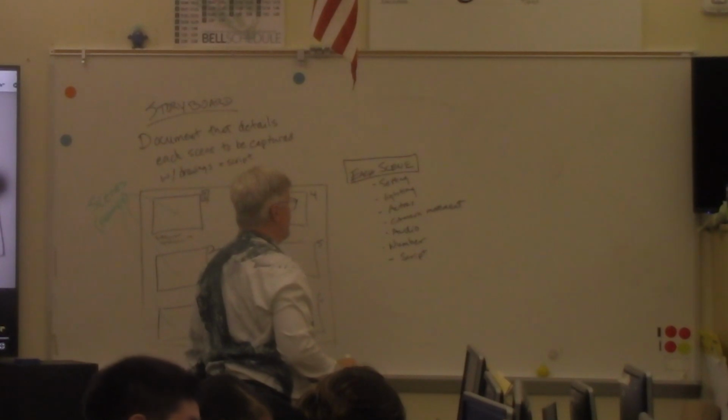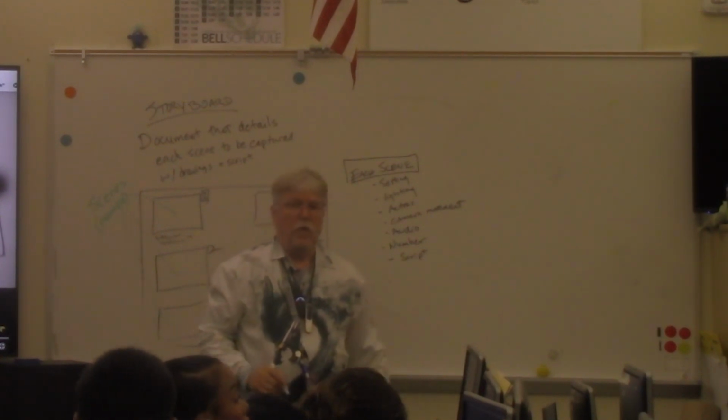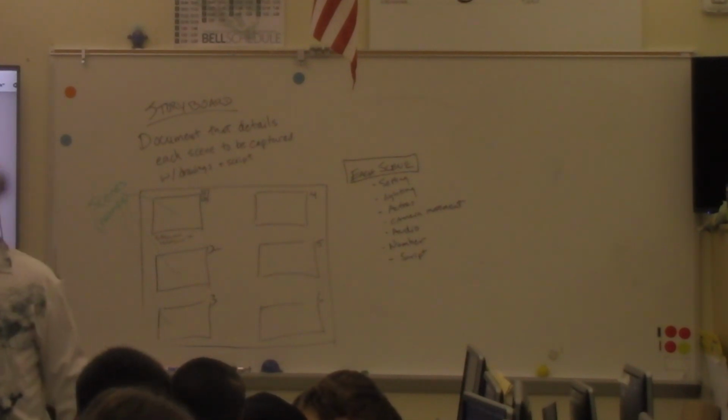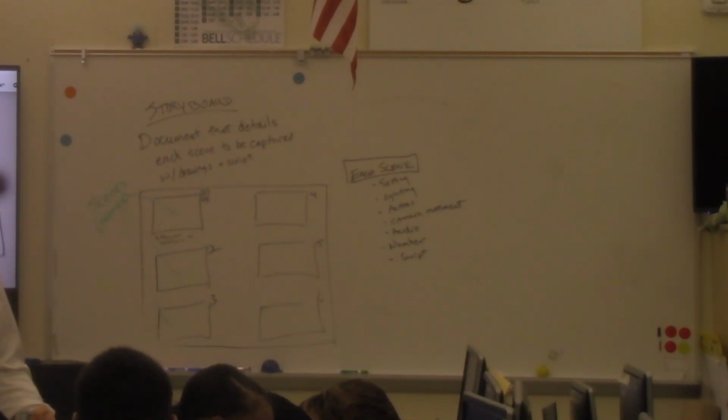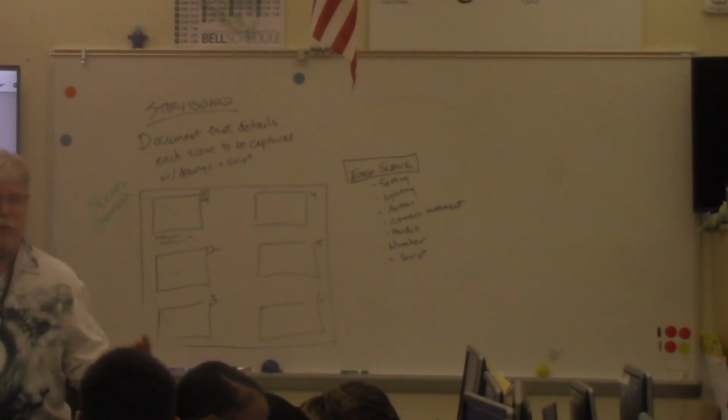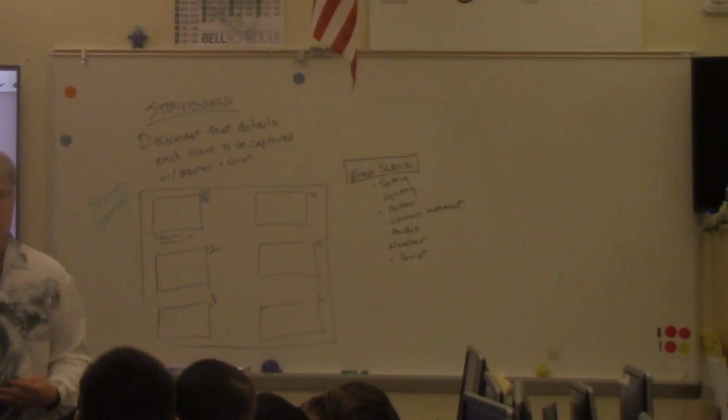Okay. Cool. Now, if you are at the point where you're doing this big involved thing and you are filming out of sequence, when you get to the editing part, what can you do when you go filming to make sure that you're going to be able to put it in sequence?